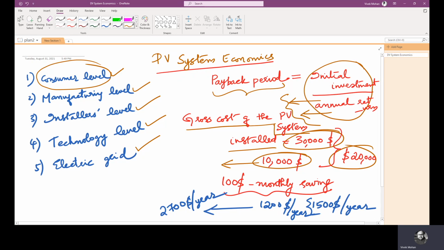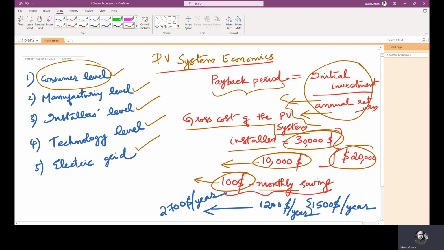Now, after installing the PV panel, he saves $100 in electricity bill. Say the consumer had an electricity bill of $100 prior to installation of the solar panel, and if the complete local load of the house is now met by the installed solar PV, then the complete $100 is a saving in the electricity bill.